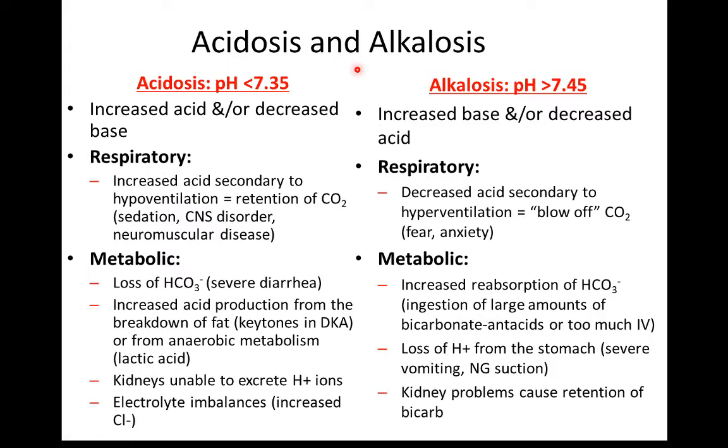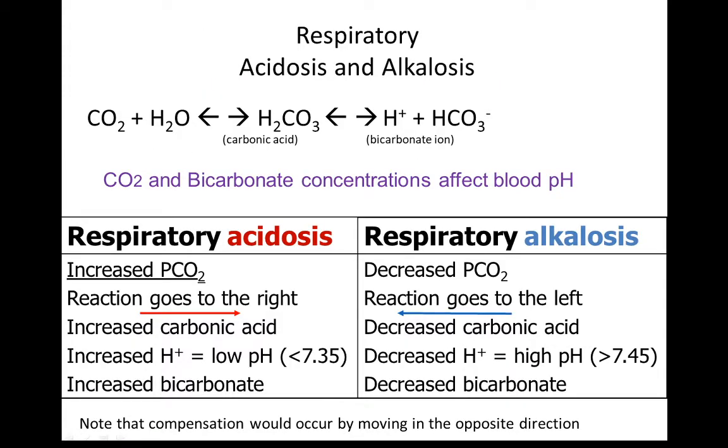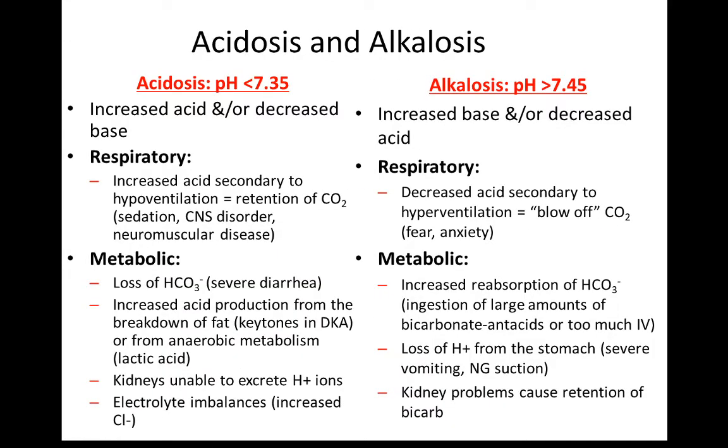Anything that tends to fall below 7.4 is considered acidotic, and anything that tends to fall above 7.45, we'll think about it being in a more alkalotic state. If you're dealing with an acidosis, it could have more of a respiratory component, or it could have more of a metabolic component.